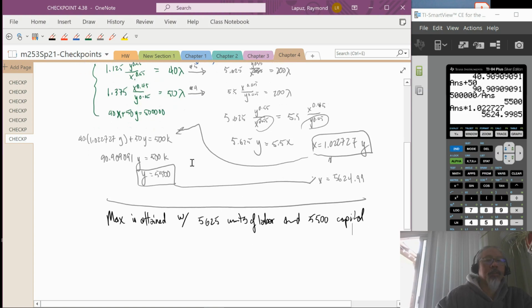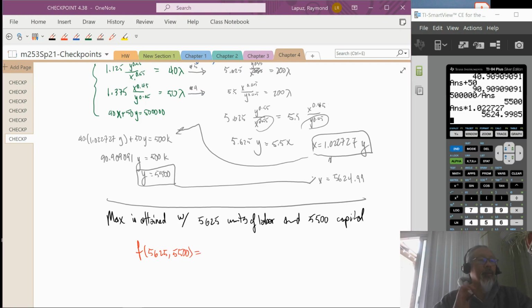And of course, they're probably going to want to know what is the maximum value of f. So f of 5625 and 5500, we can just punch in.